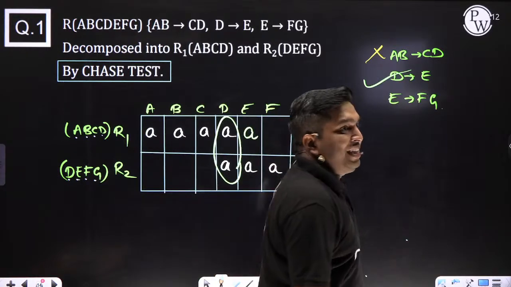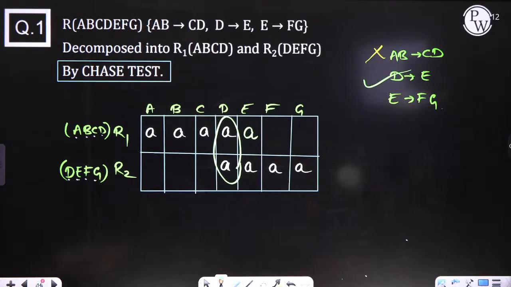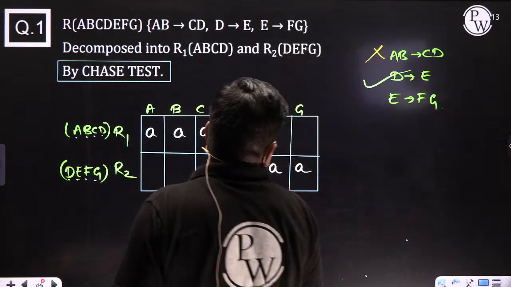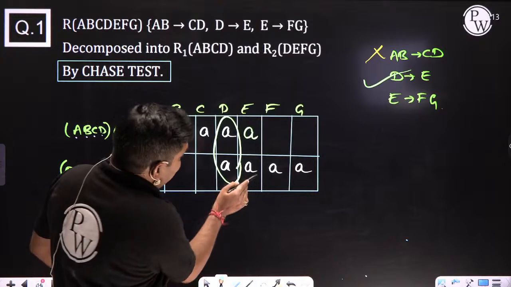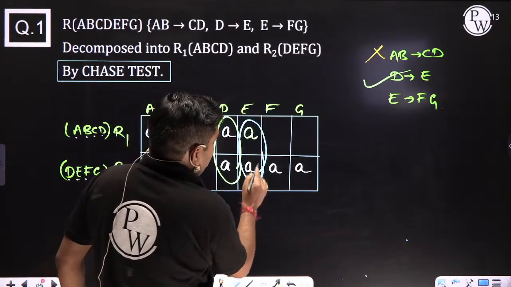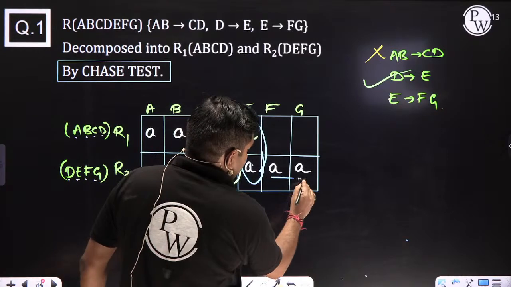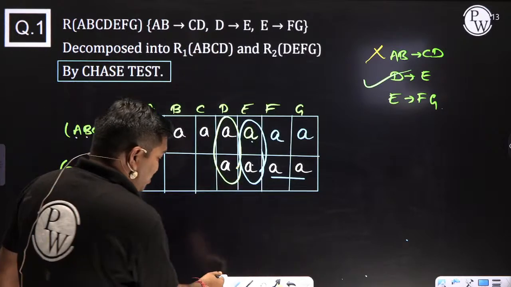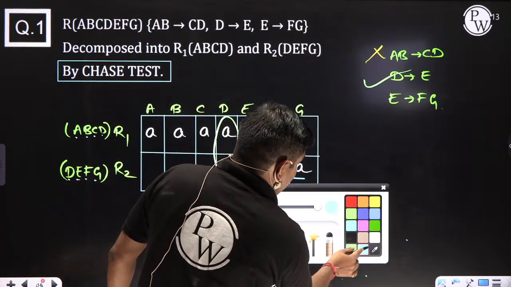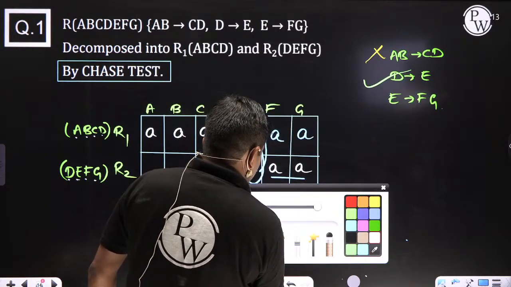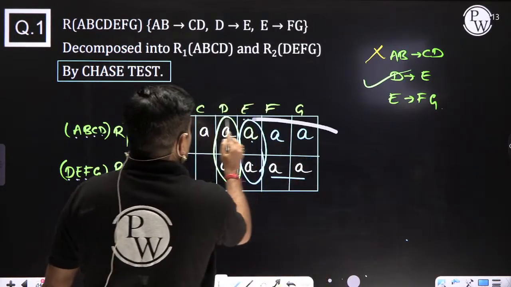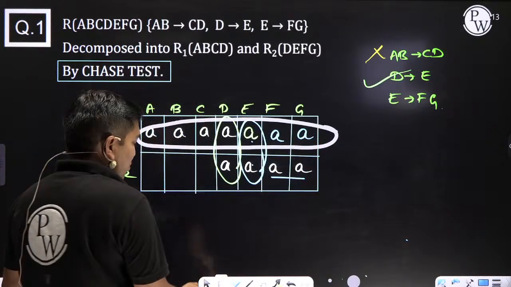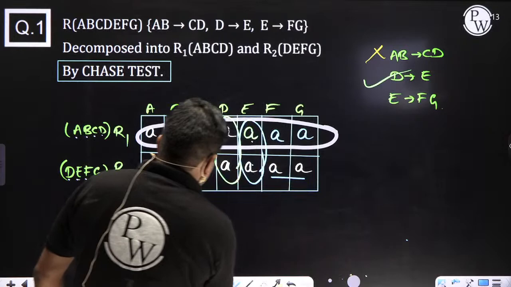Now, E tends to FG. Tell me fast. Here you are getting two E values, and the two E values are the same. In this you are getting AA. What do you insert here? AA. Here you can see you are getting all values with A. Then what do we declare?